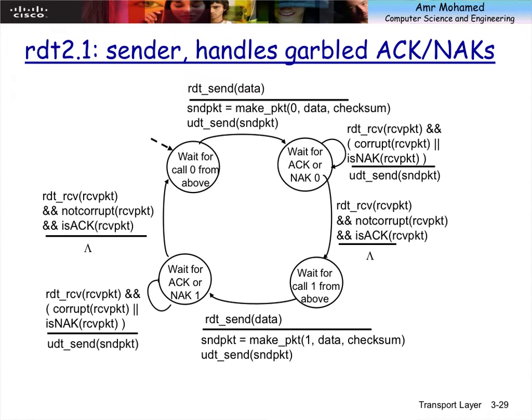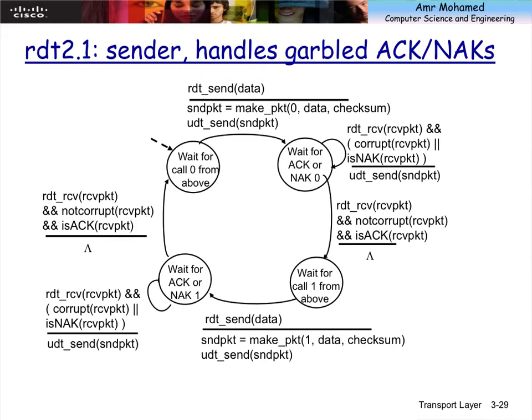Here we assume that the forward channel can only corrupt the packets, but the backward channel, okay, can also corrupt the acknowledgement and the negative acknowledgement, which means that when the acknowledgement arrives, the sender really doesn't know whether the packet has arrived in error or whether the packet has arrived at all.